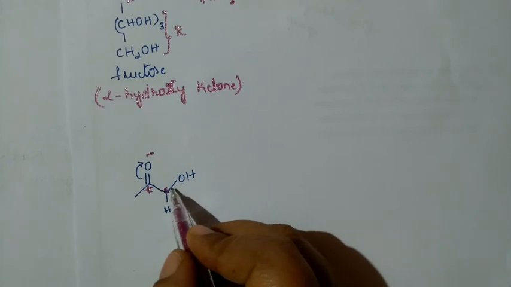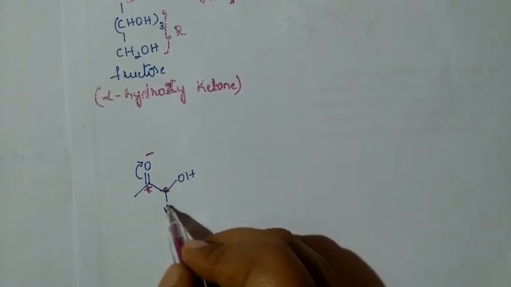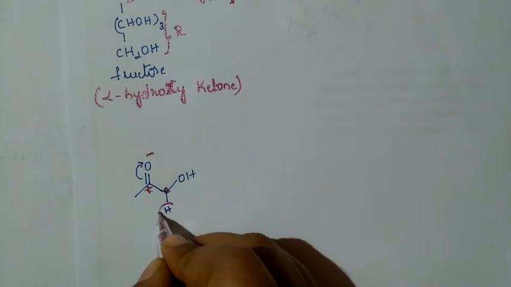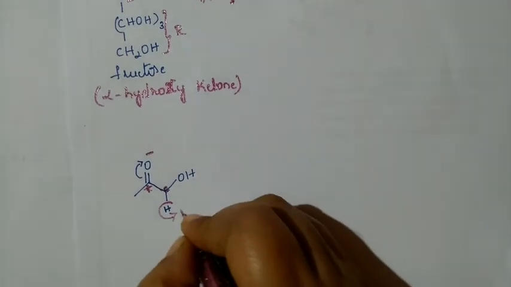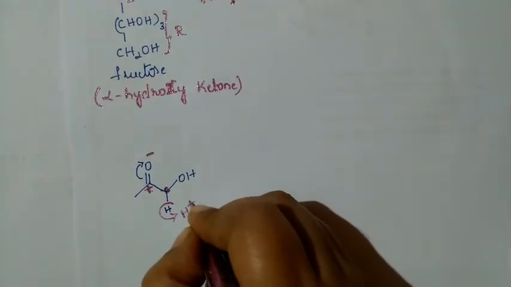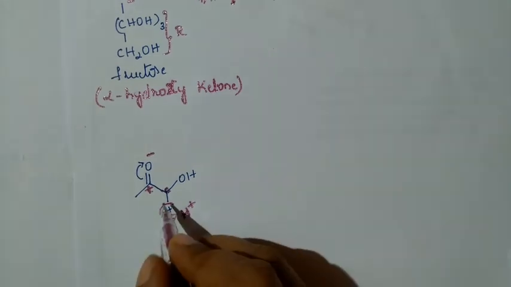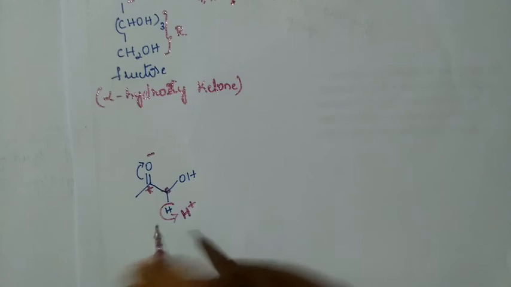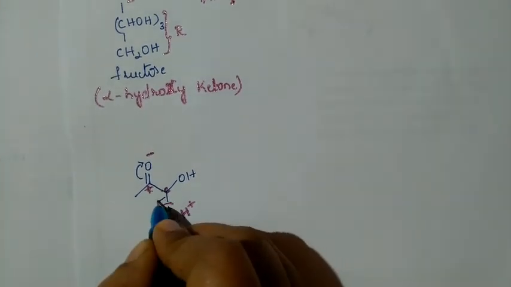It is bonded to oxygen and cannot break that bond, because oxygen is more electronegative and pulls the electrons to its side. But the hydrogen is going to leave as an H plus ion, leaving the bonded pair here only. Those bonded electrons will be shifted to this side.